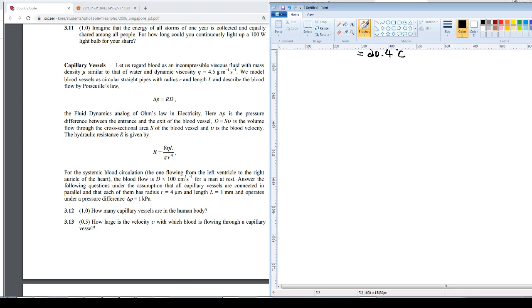There are naturally resistive quantities, and the amount of flow, that's the current.